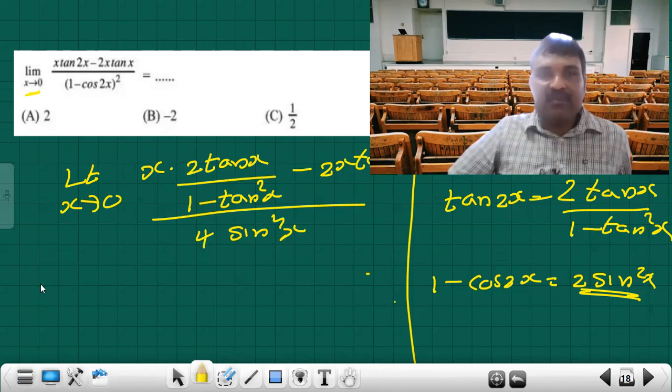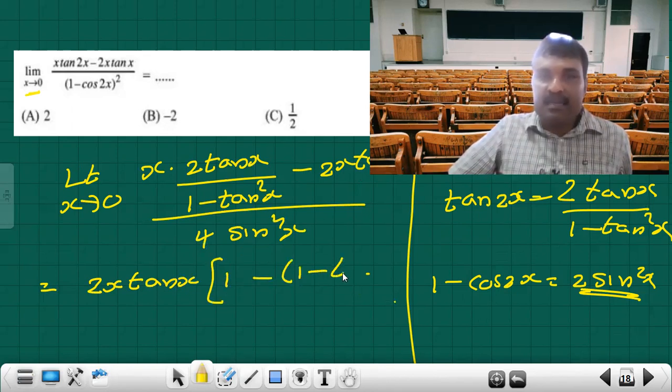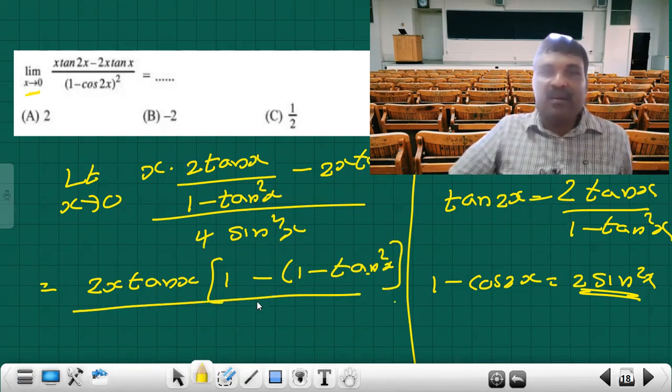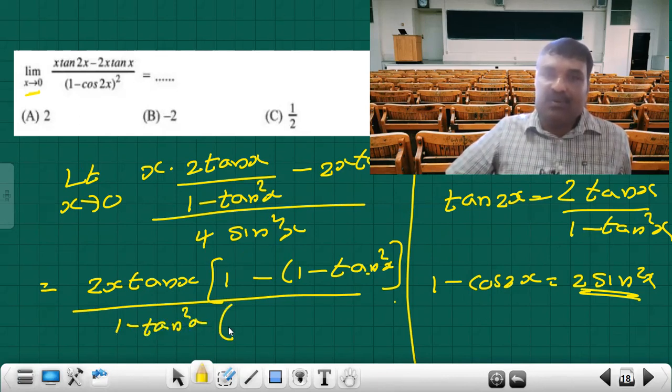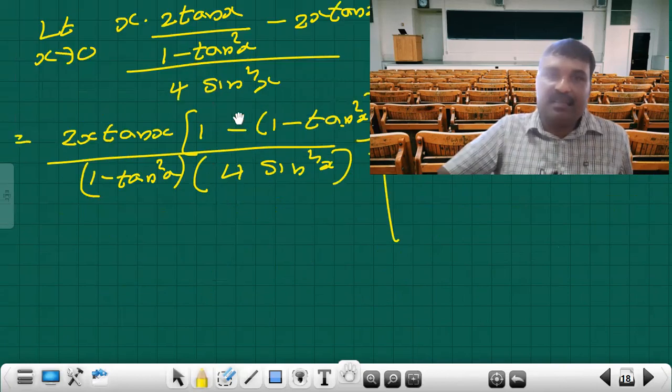From the numerator, we can take 2x tan x outside, right? So this becomes 1 minus tan square x, right? All divided by 1 minus tan square x into 4 sin raised to 4x. Now we can simplify and we get the answer.